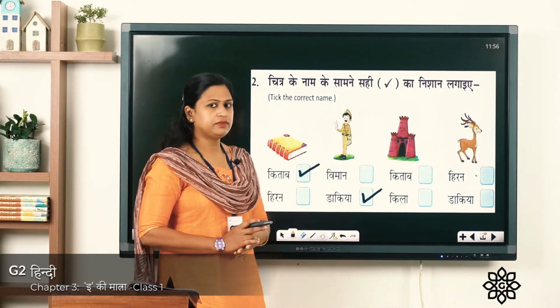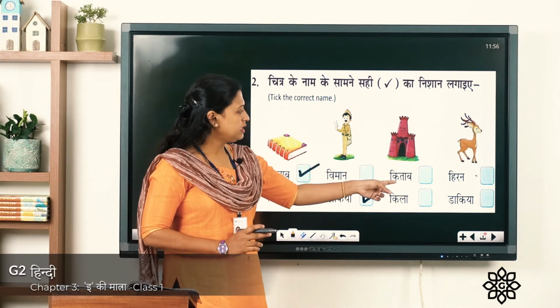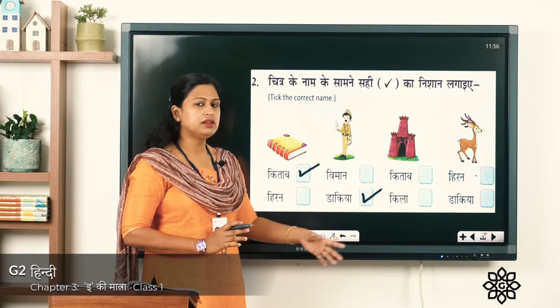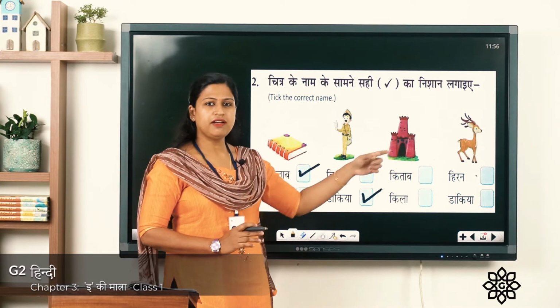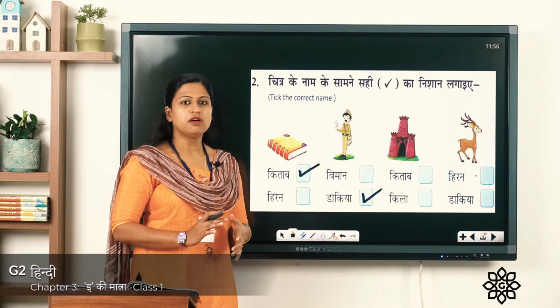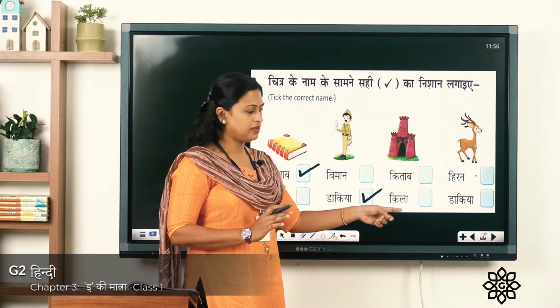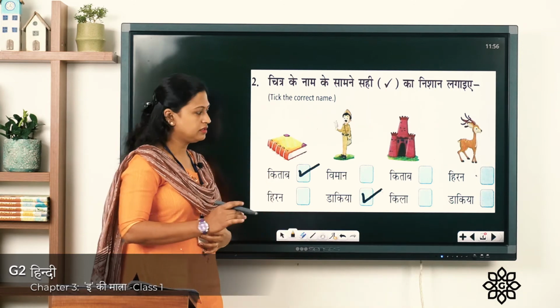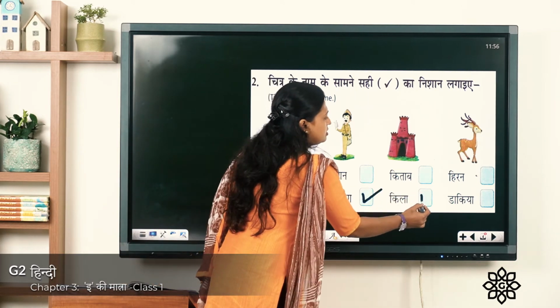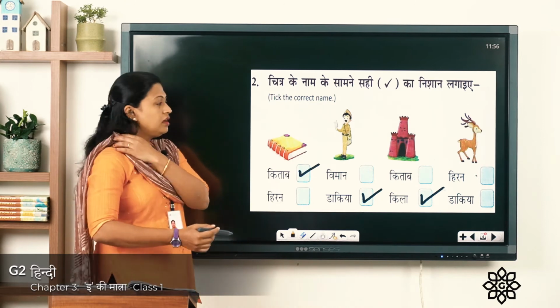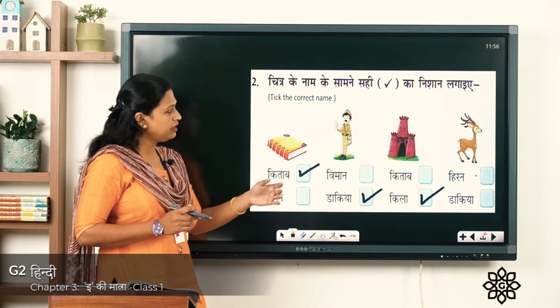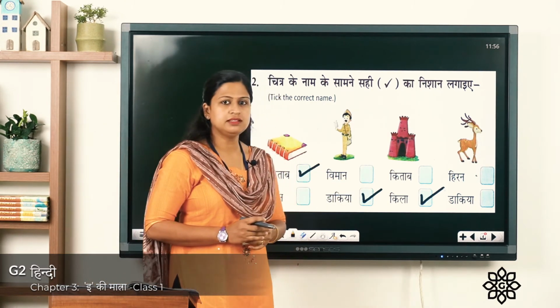Now the third one. First word is kitab. Second one is kila. Can you identify this picture? It is fort. We know that kitab means book and this kila means fort. So you have to tick this one. Now the fourth one. Can you identify which animal is this?